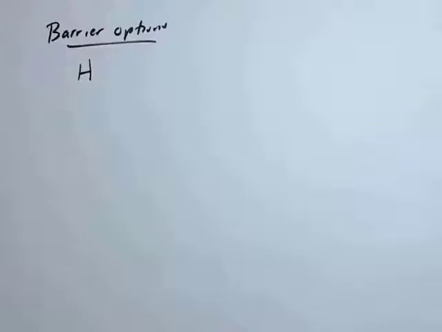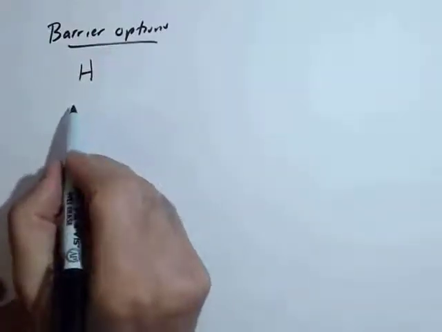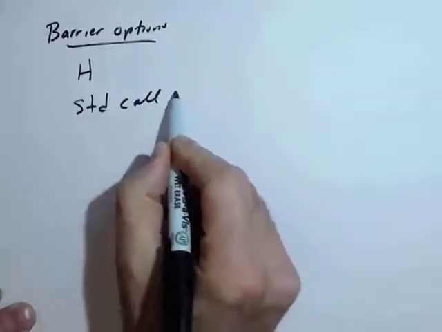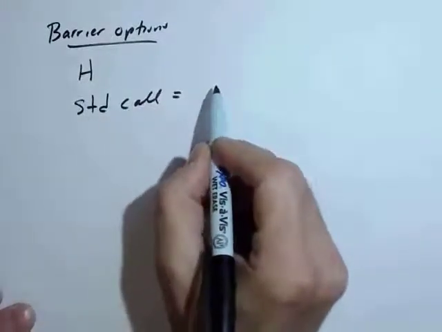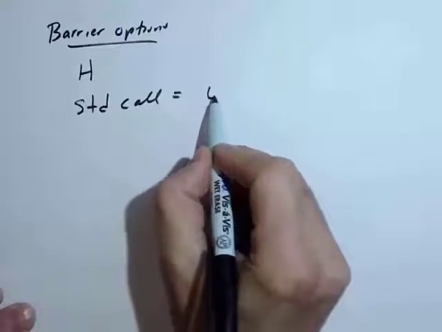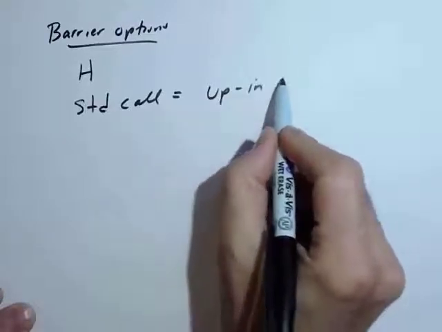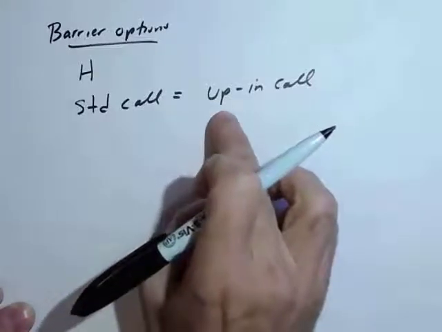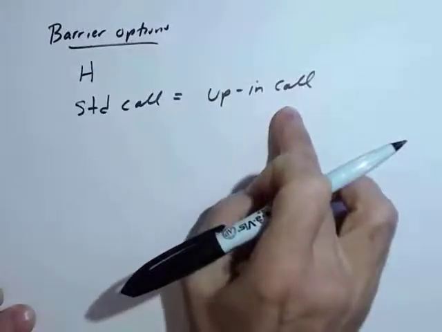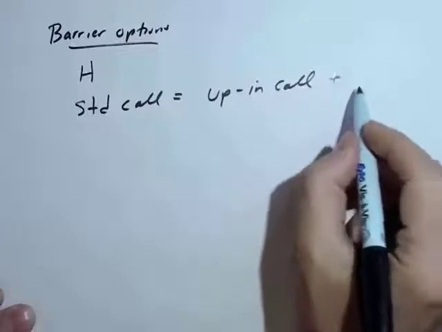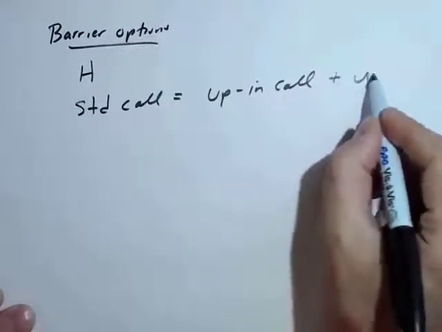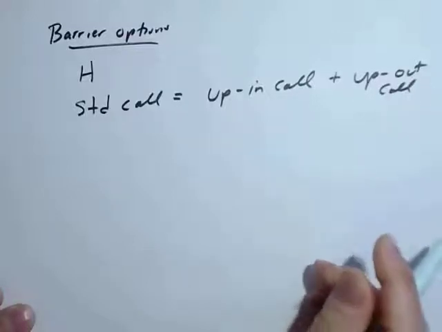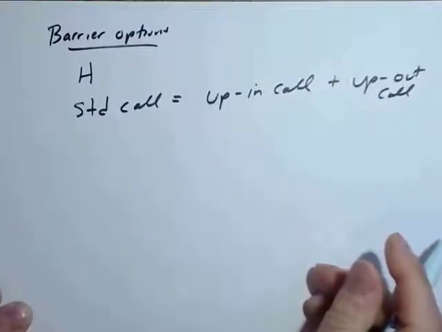What's interesting is that if you have a standard plain vanilla call, you'll see an up and in call, which means the stock price has to go up and breach the barrier, and it's a call option, plus an up and out call, which means if it goes up and breaches the barrier, it's knocked out, meaning it dies.